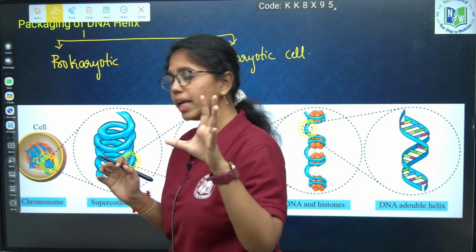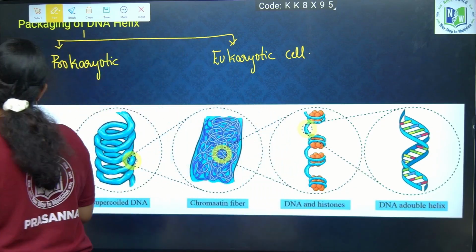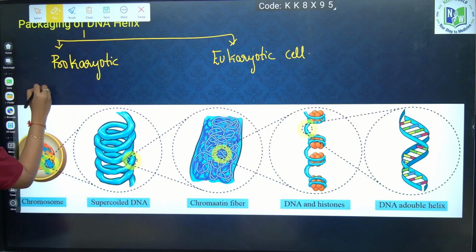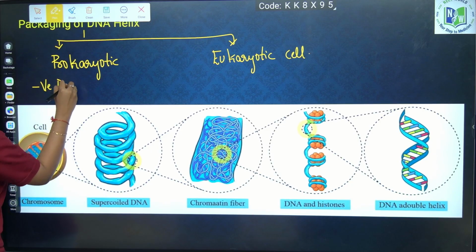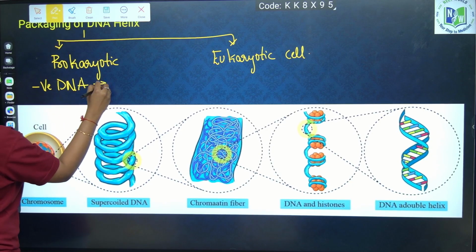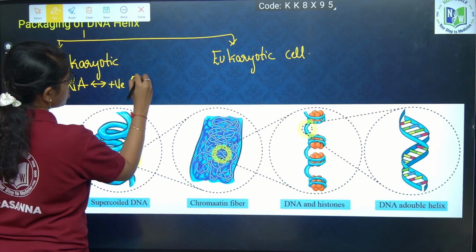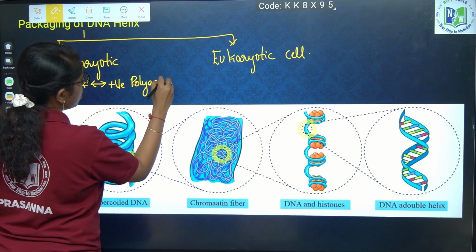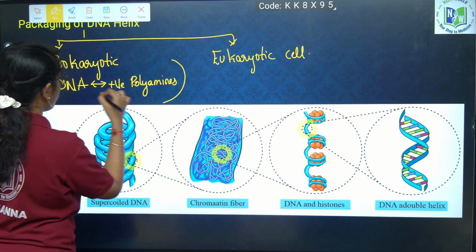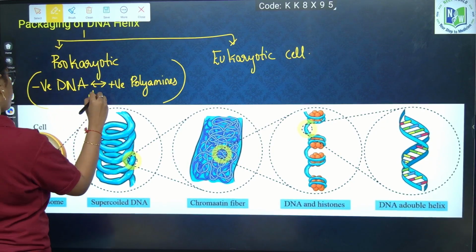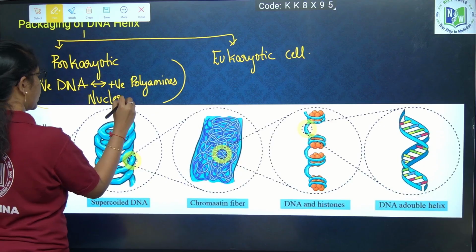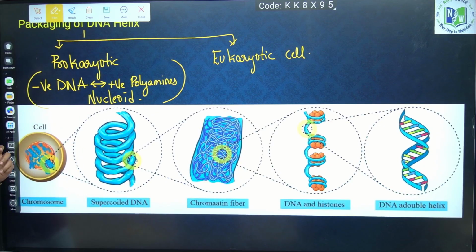This is the only simple DNA packaging which happens in the prokaryotic cell, wherein negatively charged DNA is attached with positively charged polyamides or the positively charged proteins. This packs it into a nucleoid in the cytoplasm of a prokaryotic cell.